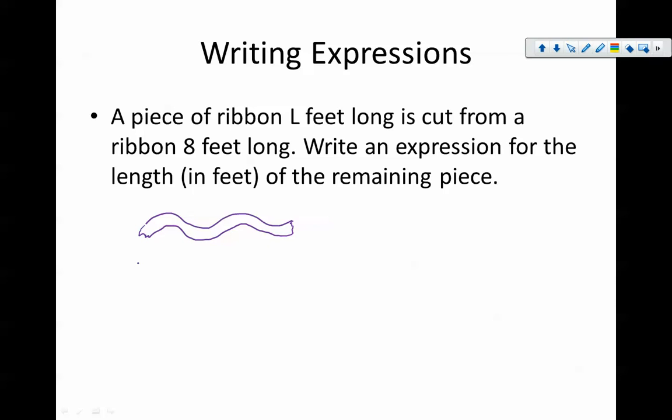The ribbon is 8 feet long, and we cut off a piece that is L length. We don't know what that is. It's just L. So how do we represent this as an expression? We cut off a piece from a total. What operation is that? That's subtraction. 8, and then we're taking L away, so 8 minus L.